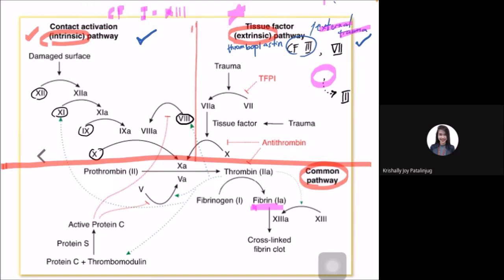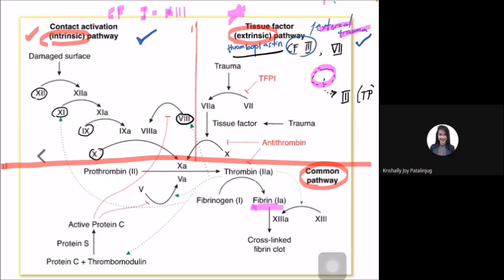I repeat. For example, this is the tissue, you got wounded, there is skin injury, external trauma, that will trigger the release of clotting factor 3, or what we call thromboplastin. In other references, this is also known as tissue factor, right? Tissue factor.